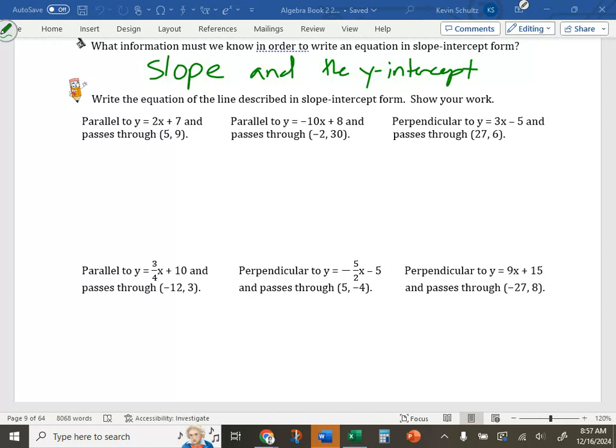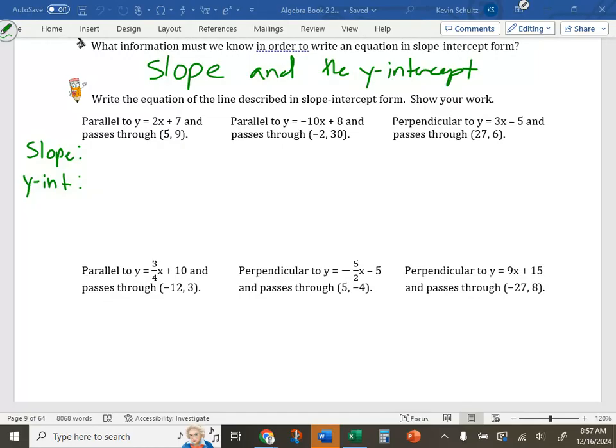Again, we need the slope and the y-intercept. Can you tell me what either of those things are already?